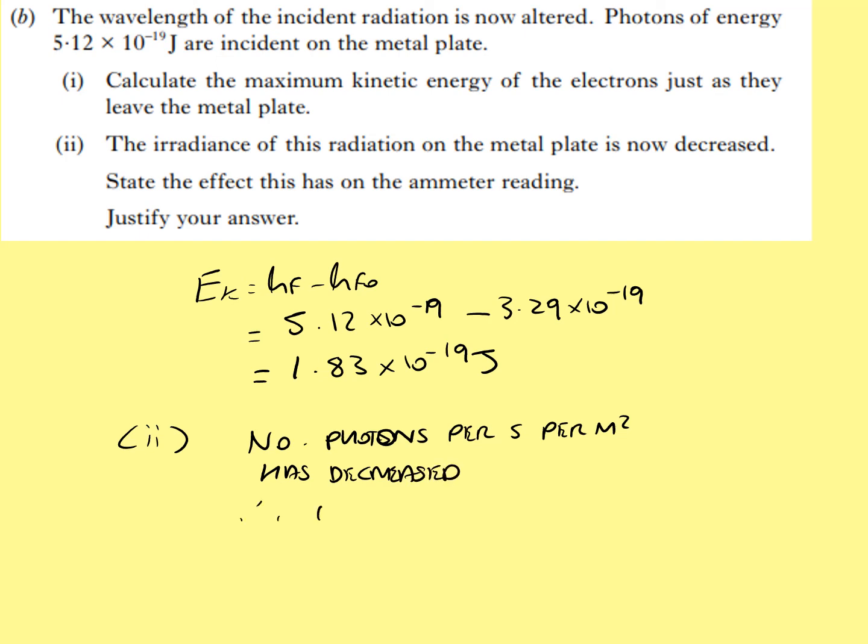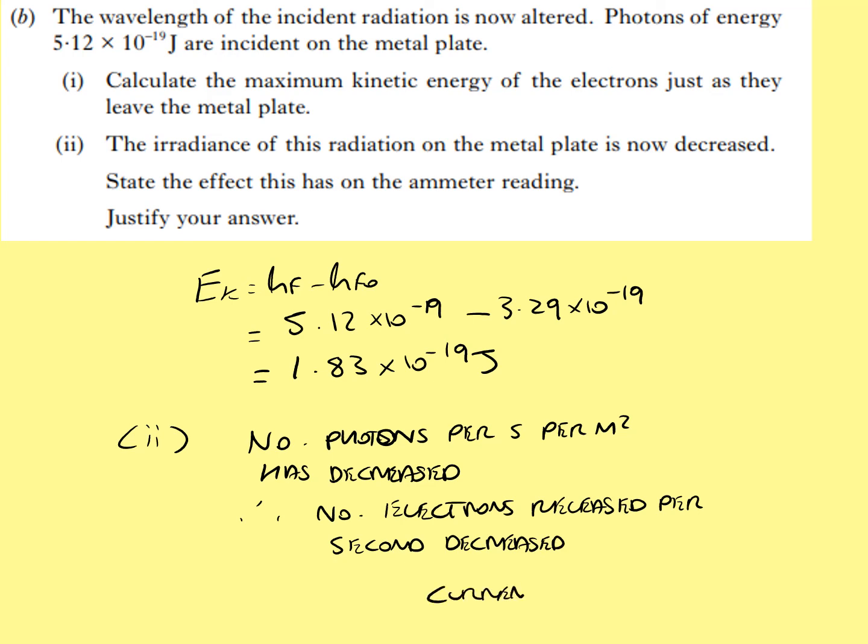Therefore, the number of electrons released per second is decreased, and the current decreases. Ammeter reading goes down.